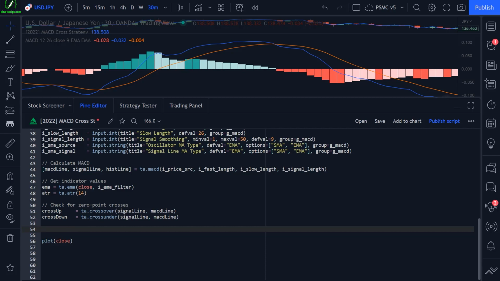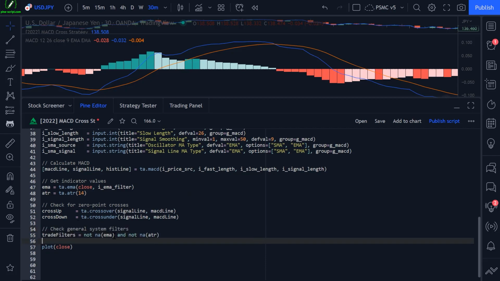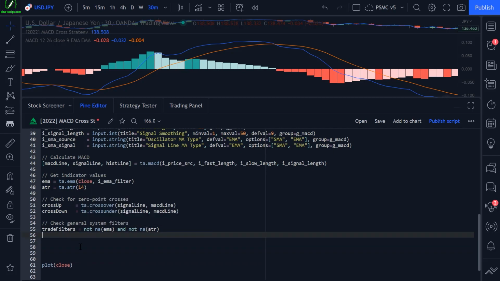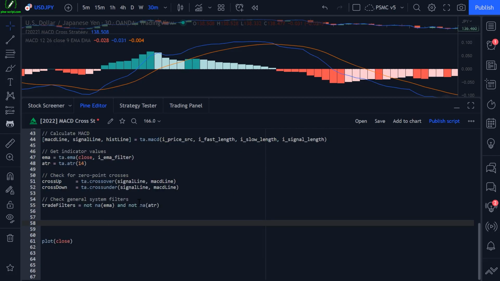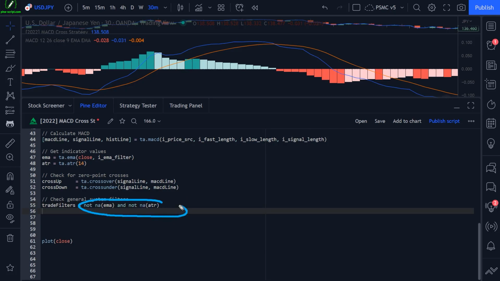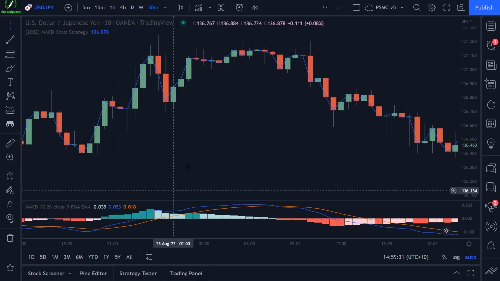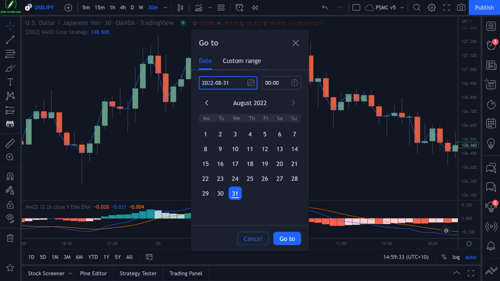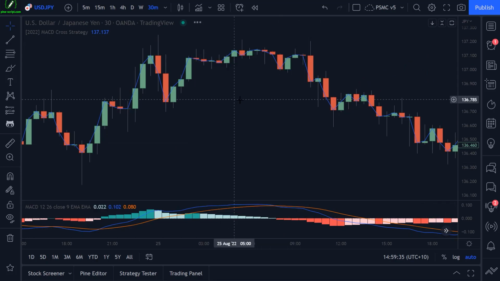Next up, we have a few more general filters. I like to do this in my trading strategy scripts: I like to check that the EMA and the ATR are not NA. The only time these indicator values will be NA, or not a number, is on the very first few bars on our chart. The EMA is the easiest one to demonstrate.